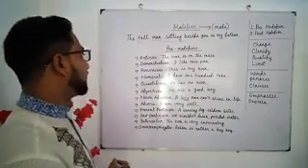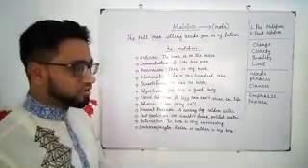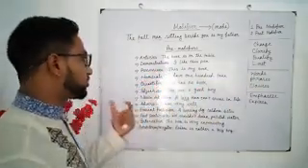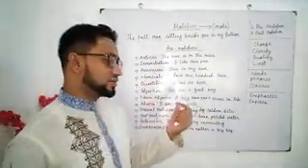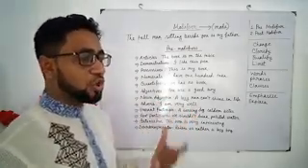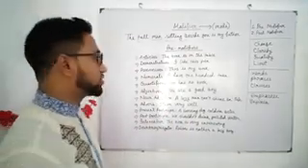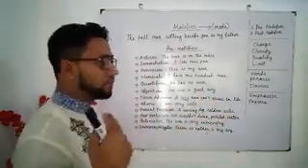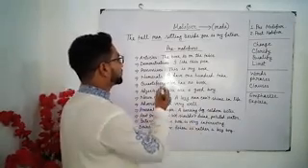Number 2, demonstratives. To point out something, we use demonstratives such as this, these, that, those. To address something, to point out something, we use demonstratives.